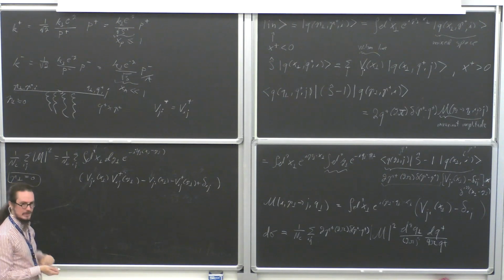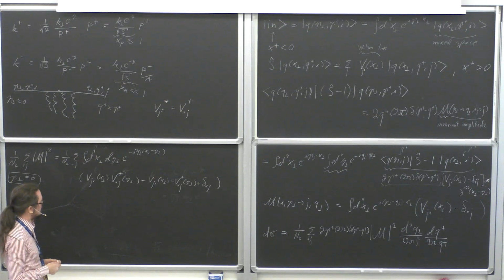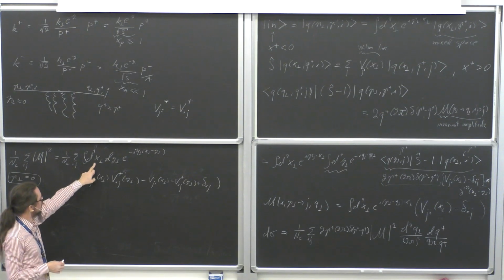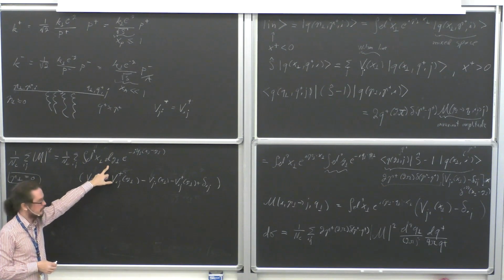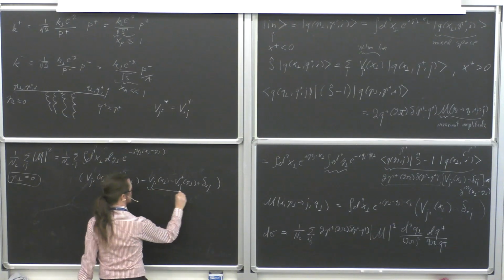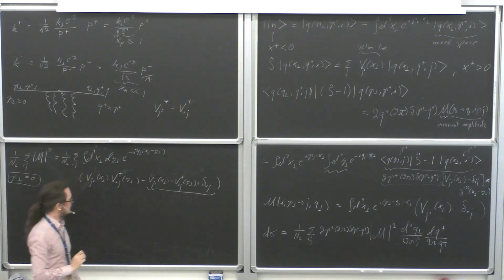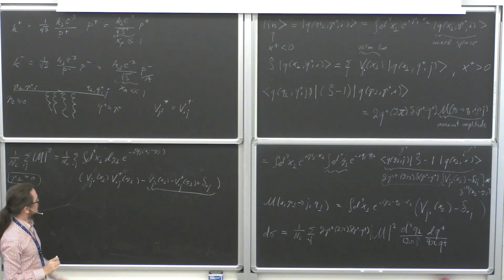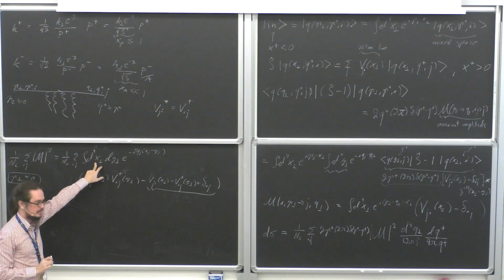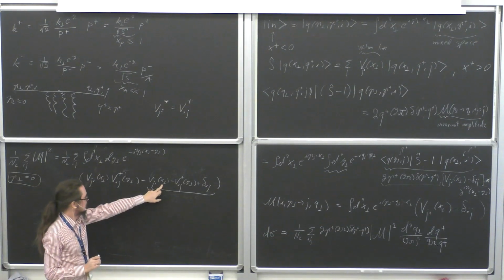So the funny thing about this expression is that here I have an integral over x perp and y perp. These 3 terms, none of them depends on both of these coordinates, right? This depends only on x perp.